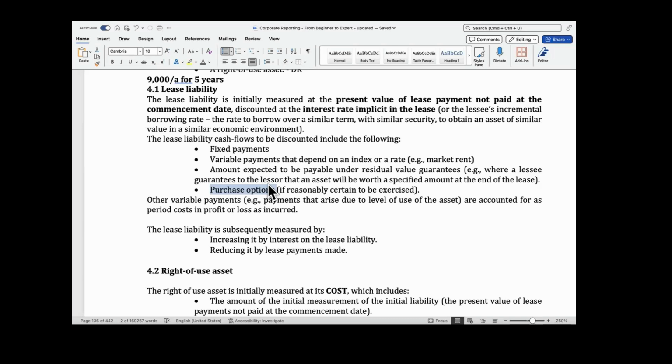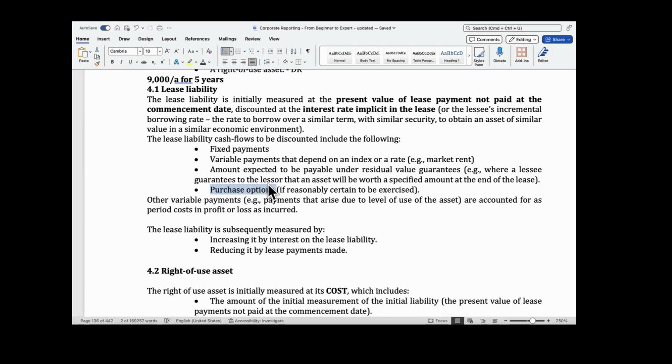So I'm just mentioning all of this to let you know that determining lease liability is something determined right from day one and is a function of the contracts, depending on what they have agreed.